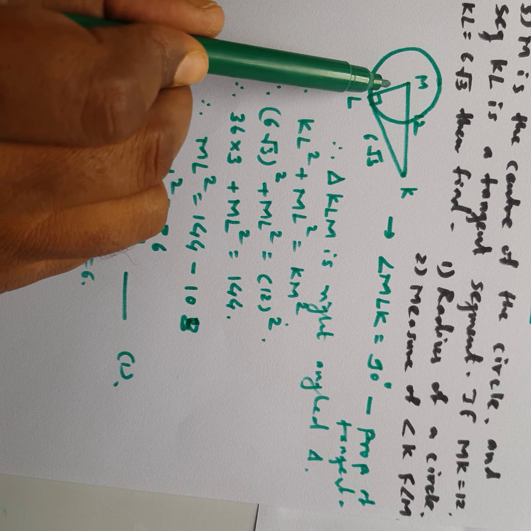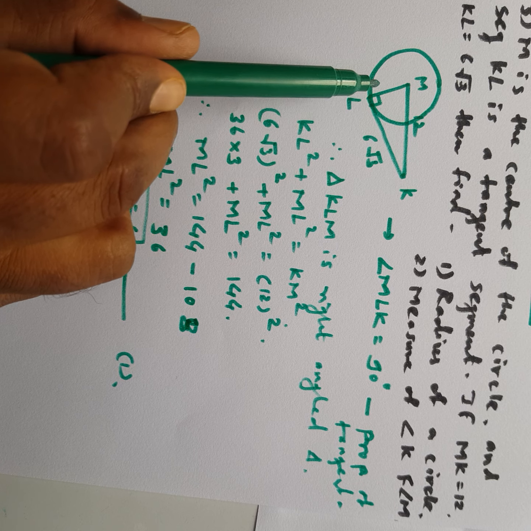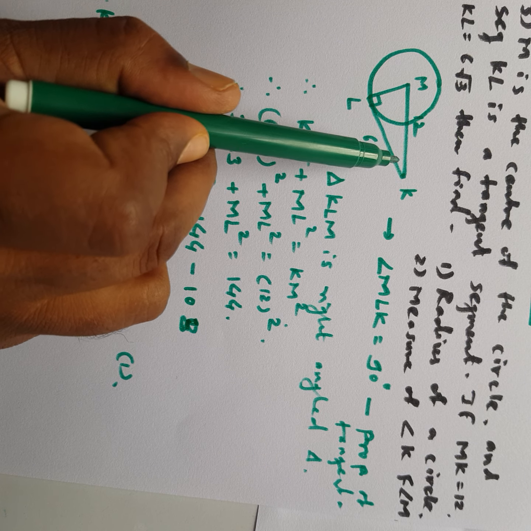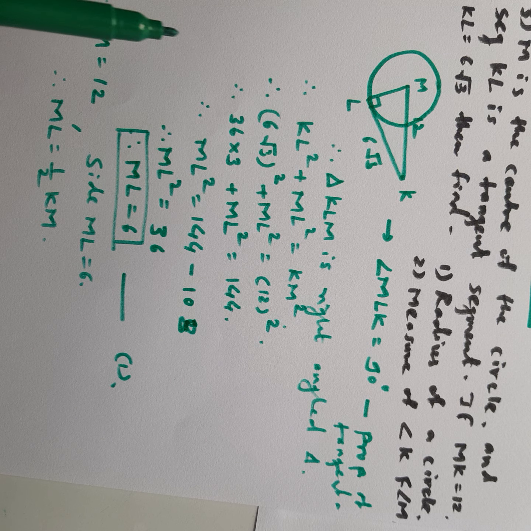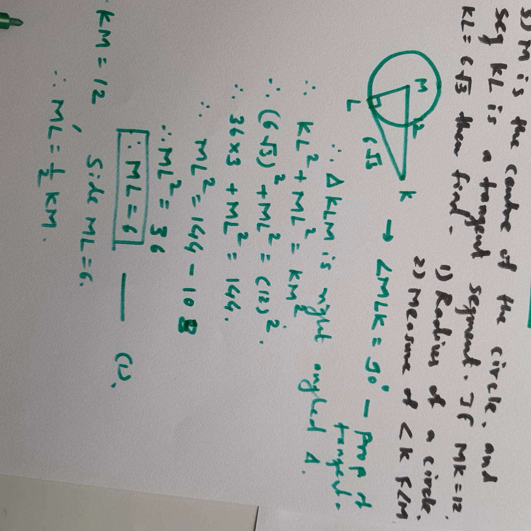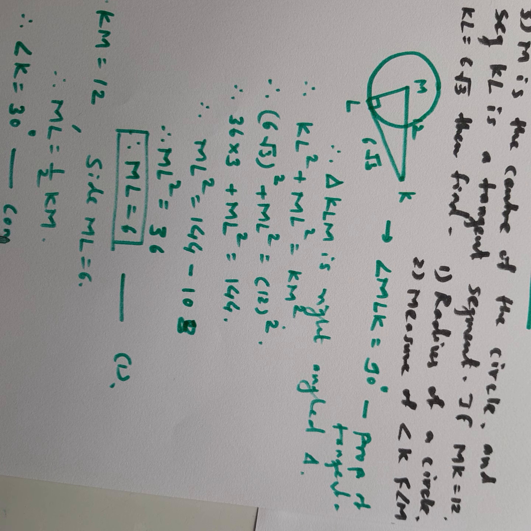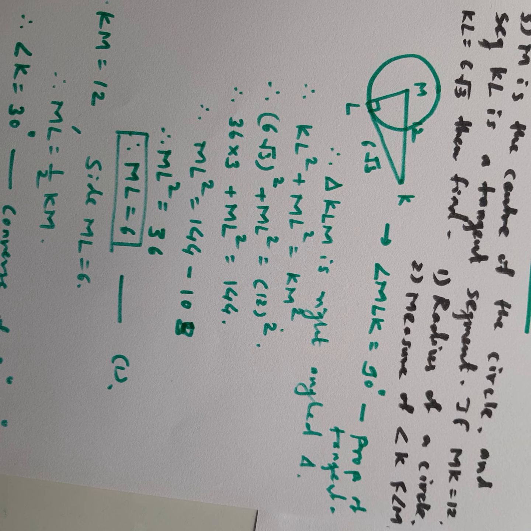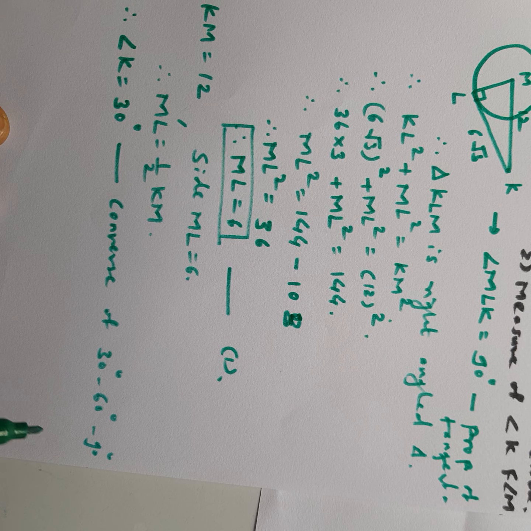Here side ML is 1/2 of KM, so angle K must be 30 degree. In a right angle triangle, the side opposite to 30 degree is half of the hypotenuse. Therefore angle K is equal to 30 degree. It is the converse of the 30-60-90 degree theorem.